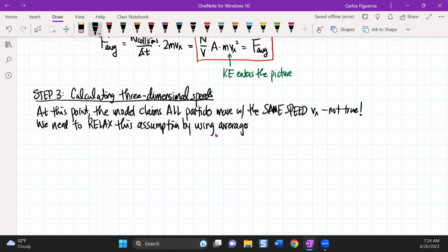So in other words, what we want to do here is we want to replace Vx squared with V average x squared, where the bar means average.